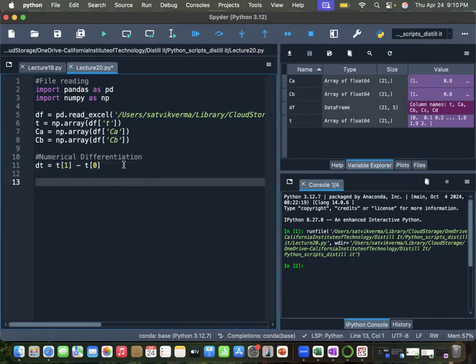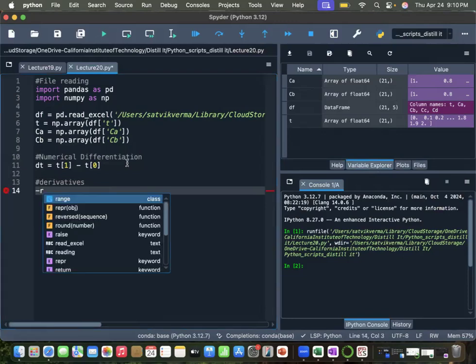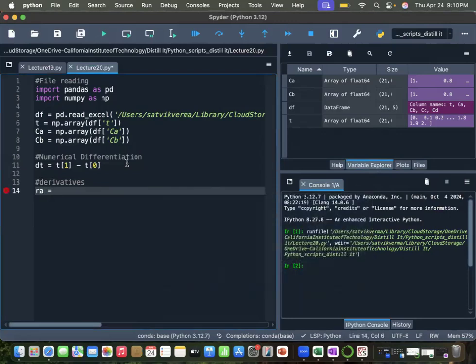Remember, derivatives have to be stored in an array, right? So let's try to do that. This array is going to be RA, which is dCA over dt, right?